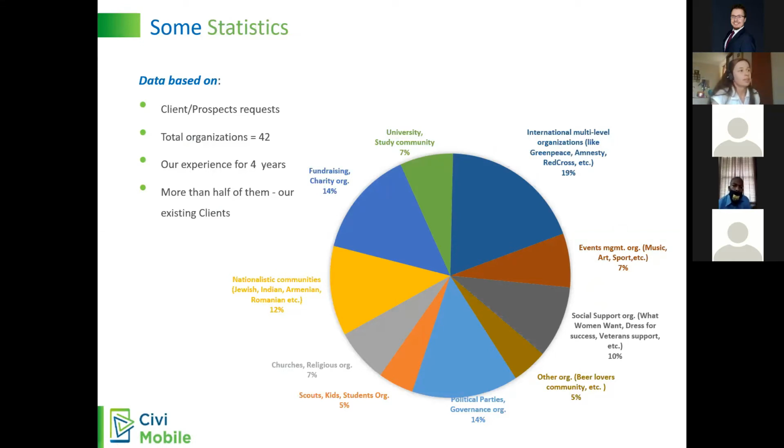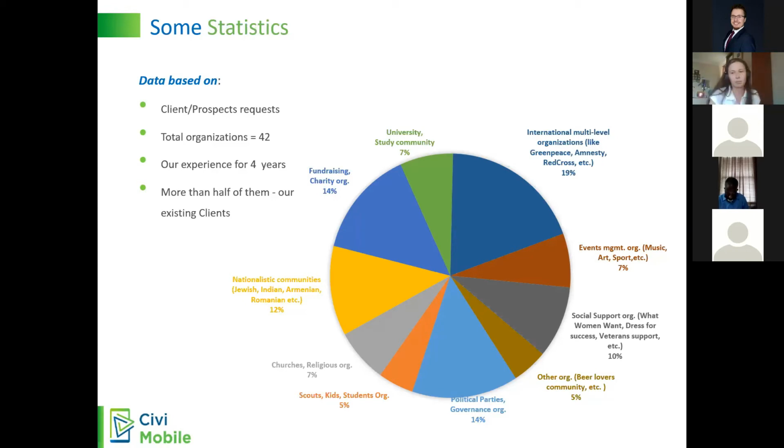This statistic we gathered over 4 years that we are doing CiviCRM, and we saw that a lot of really international multi-level organizations such as Greenpeace, Amnesty, Red Cross use CiviCRM, and a lot of organizations that provide events, and CiviCRM helps them manage these events.